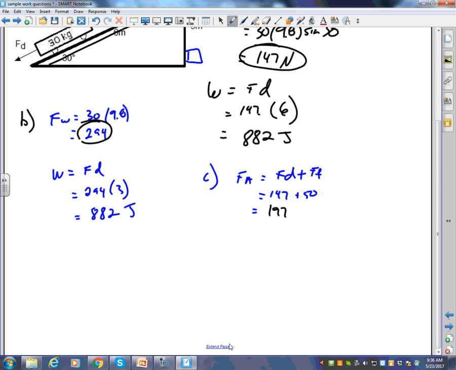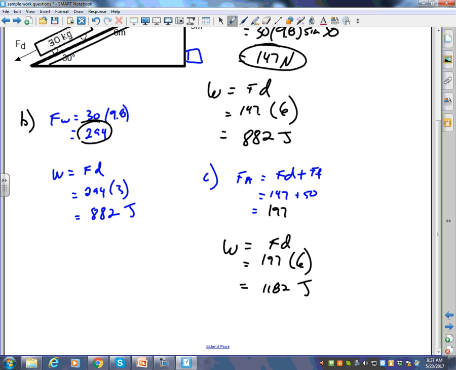And am I going to end up with more work? Yeah, because you got more force. W equals FD, I'm using 197 newtons of force. The D is 6. 1182 joules.